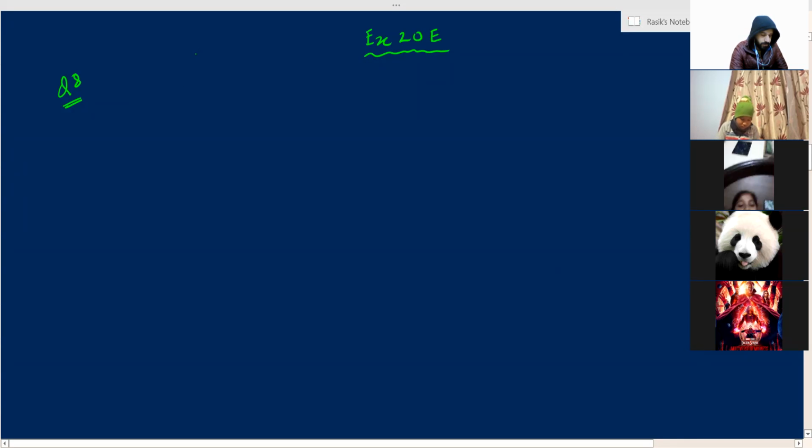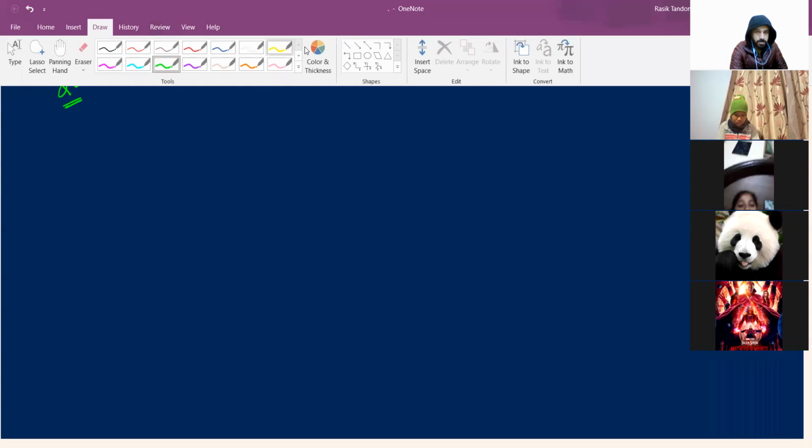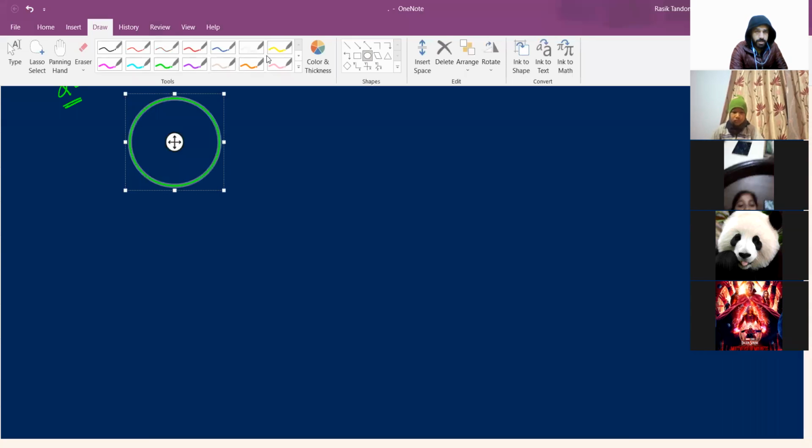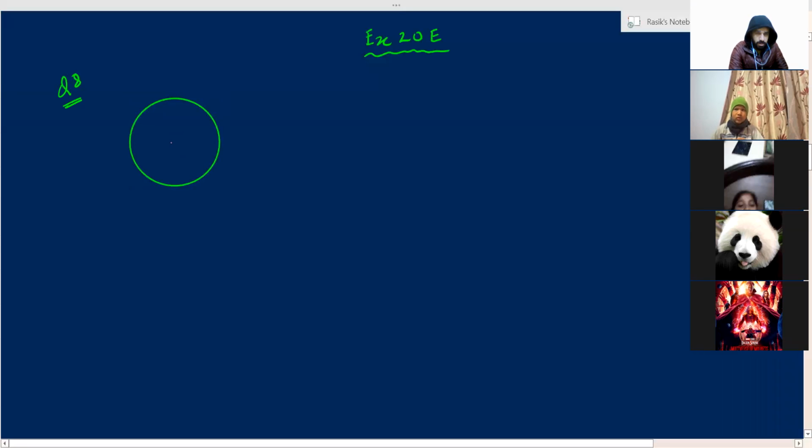So there is a circular field of radius 21 meters. So let's take this as the circular field. The radius of the circular field is given as 21 meters.